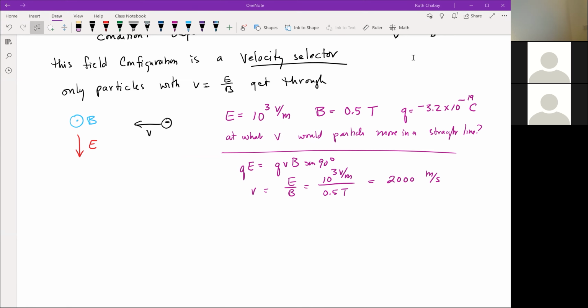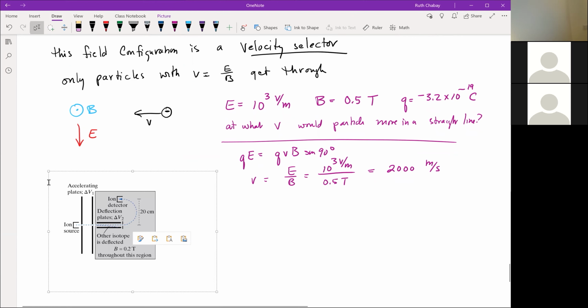Those of you who've taken chemistry courses may have actually used a mass spectrometer. Here's a diagram of a simplified mass spectrometer.